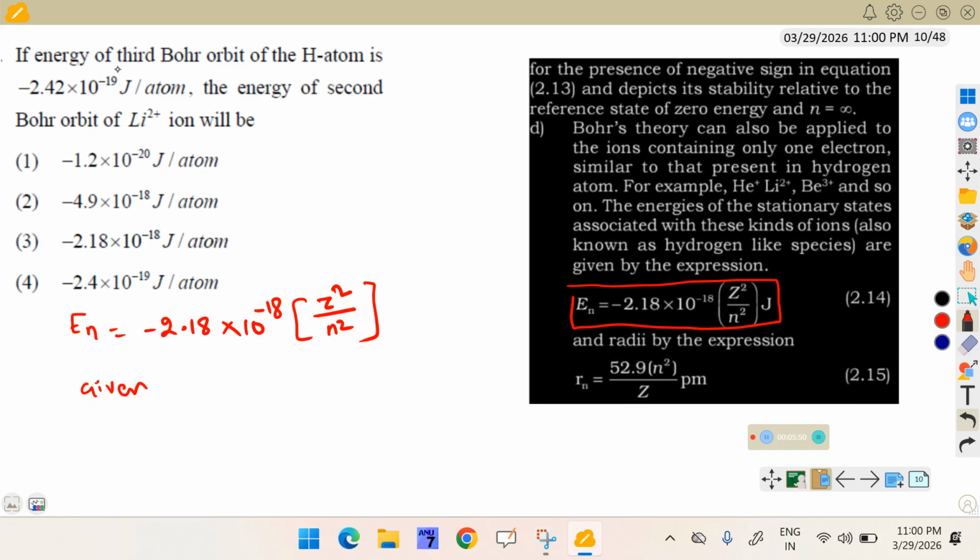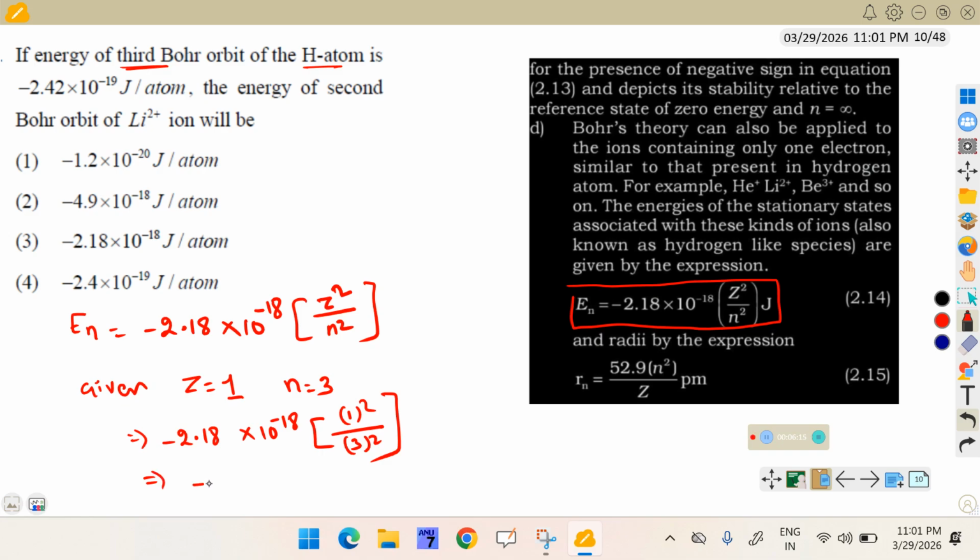First of all, you can check it. For the hydrogen atom, z value is 1 and n value is given as 3. Simplify: minus 2.18 into 10 power minus 18 into 1 whole square by 3 whole square. Then you will get minus 2.42 into 10 power minus 19. That means you can use this formula.